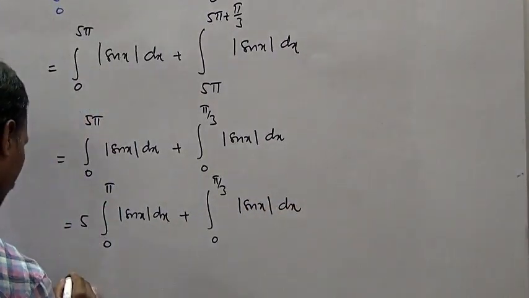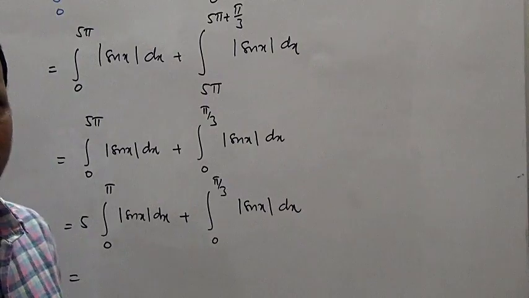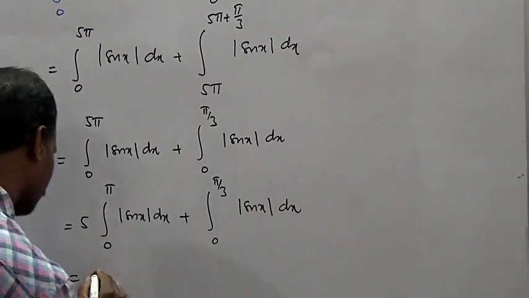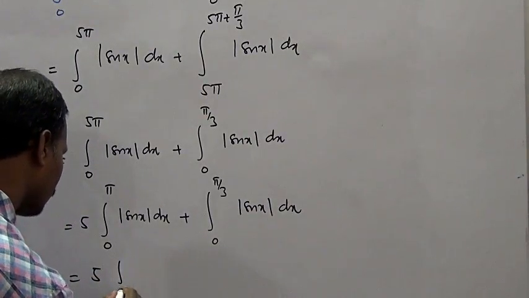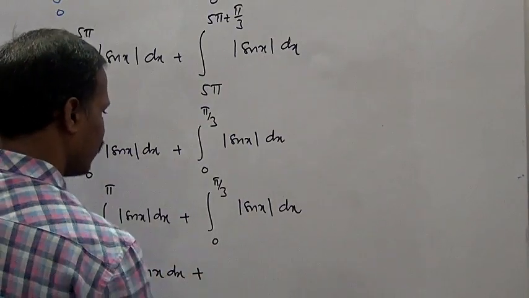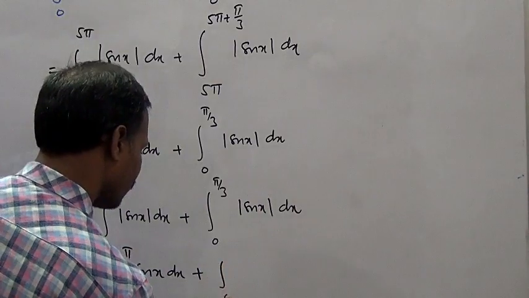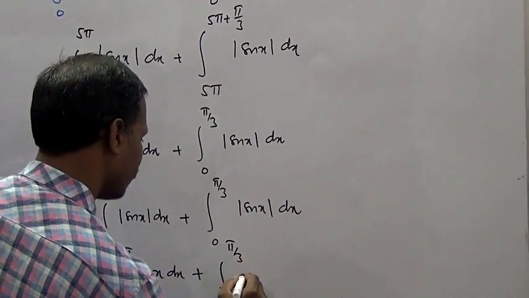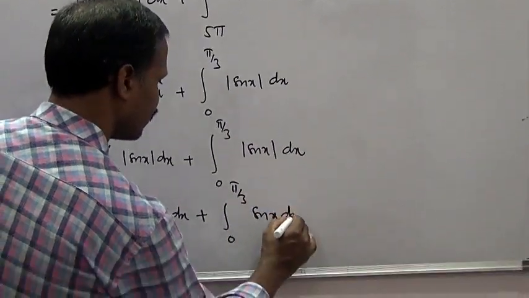Now from 0 to pi, sin x is positive. So 5 times the integral from 0 to pi of sin x dx, plus in this interval also positive, the integral from 0 to pi by 3 of sin x dx.